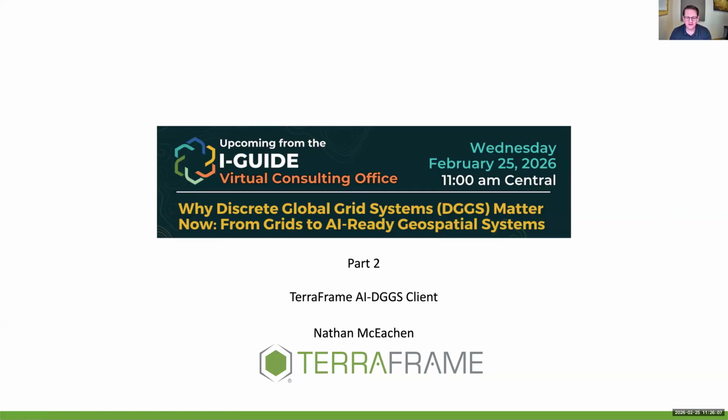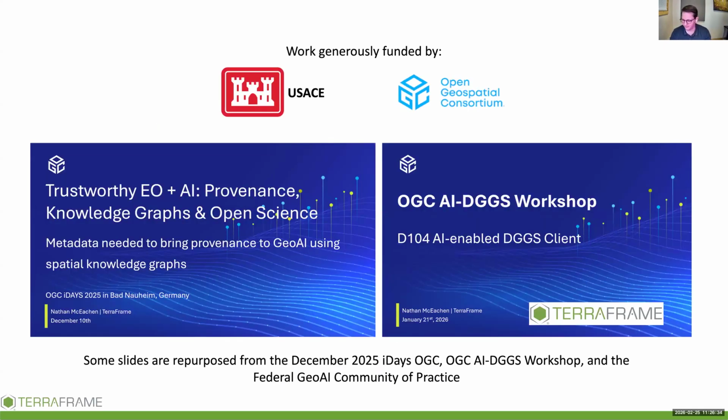So I'm the founder of TerraFrame, and we participated in the OGC AI-DGGS Pilot, as Sina mentioned. And I'm here to talk about our work and then also how we're seeing DGGS fitting into an overall GeoAI strategy. And recently, we're seeing some uptake from at least one of our federal U.S. agency customers.